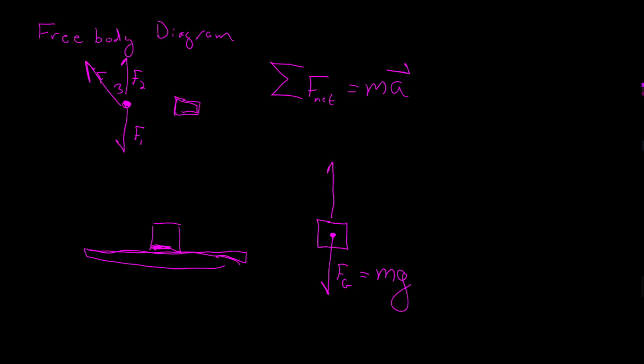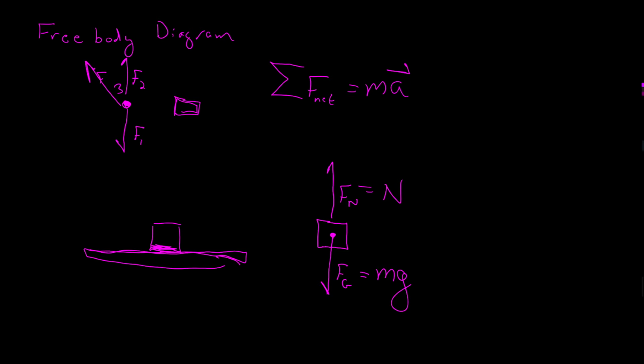And in the case of an object on a table, we're going to call that the force normal, and sometimes we can write it just as N for normal. And force normals always act in the direction opposite to a surface. The force normal is part of an equal and opposite pair.